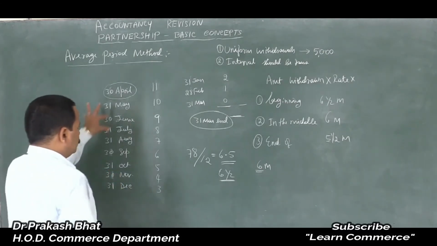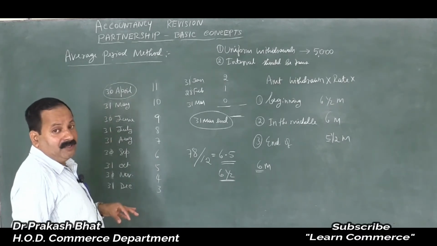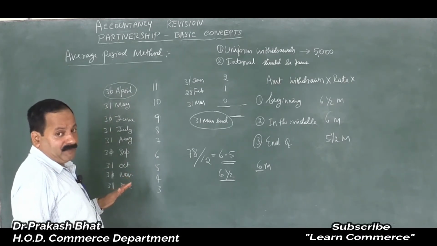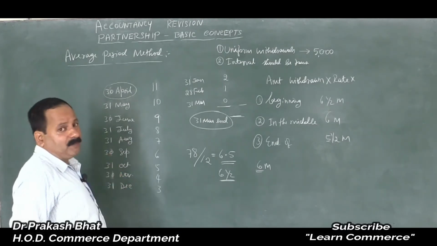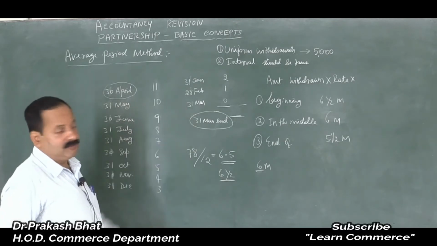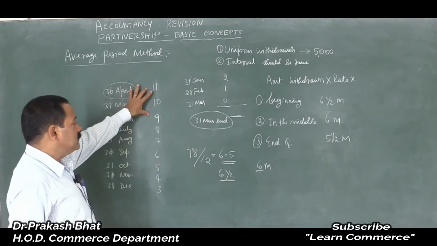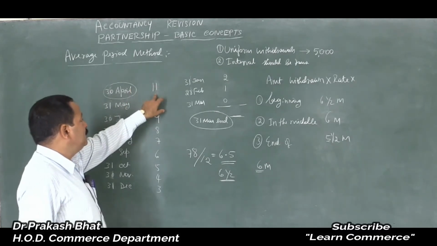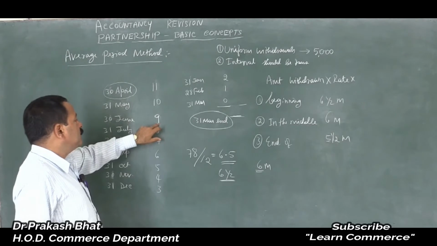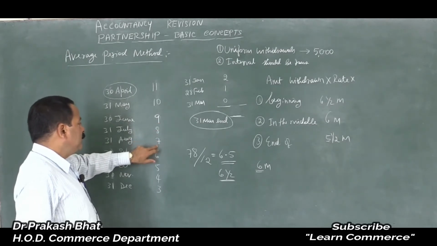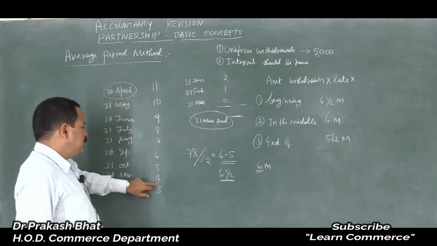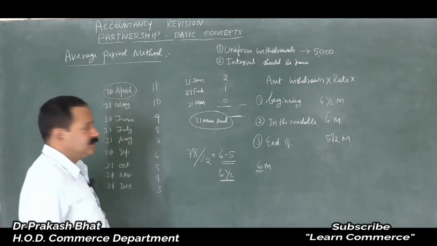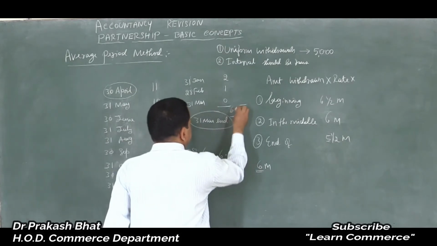So this is what the withdrawals are at the end of each month. Mr. X has withdrawn rupees 5,000 at the end of each month. So this is the condition. If you add this together, how much will you get? You just count it. 3 plus 11, 14, 24, 33, 41, 48, 54, 59, 63, 66, correct? 66 total.